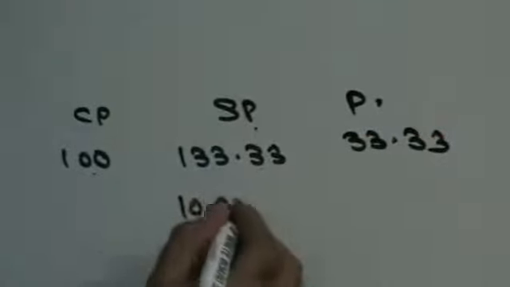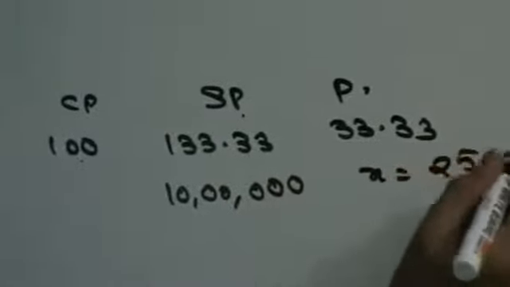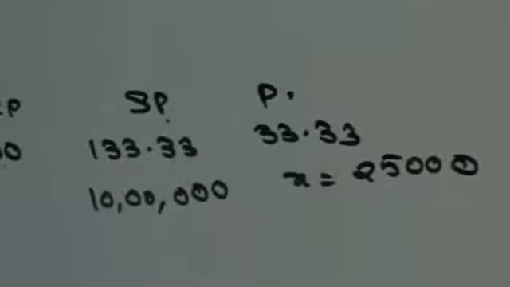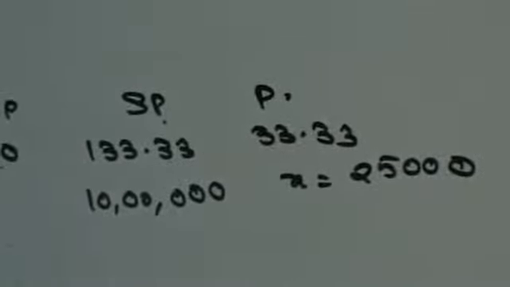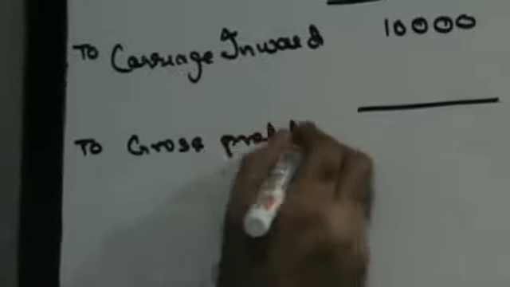Sales you found out is 10 lakhs, so gross profit will be 2,50,000. How did I get 2,50,000? 10 lakhs into 33.33 divided by 133.33.